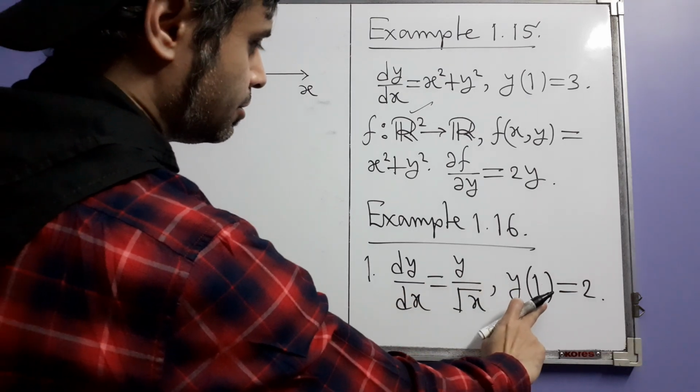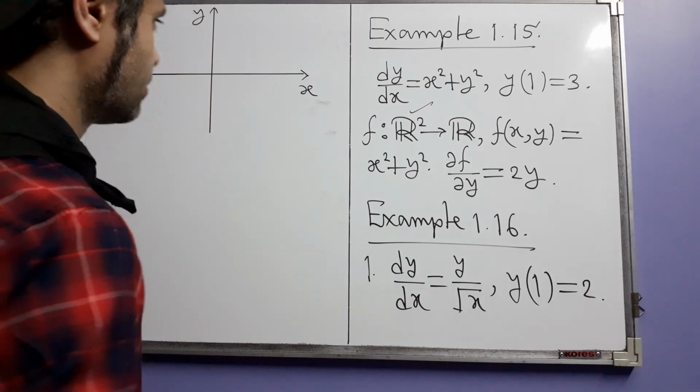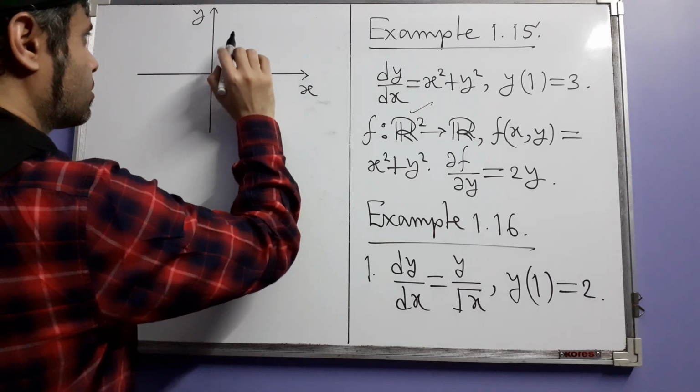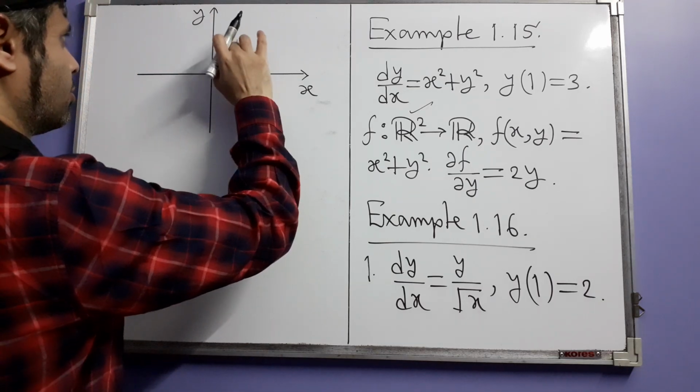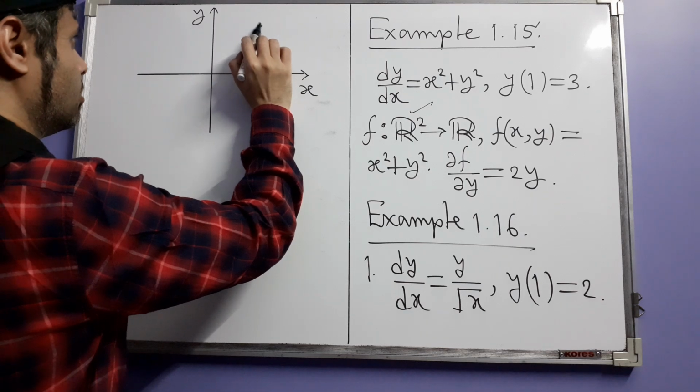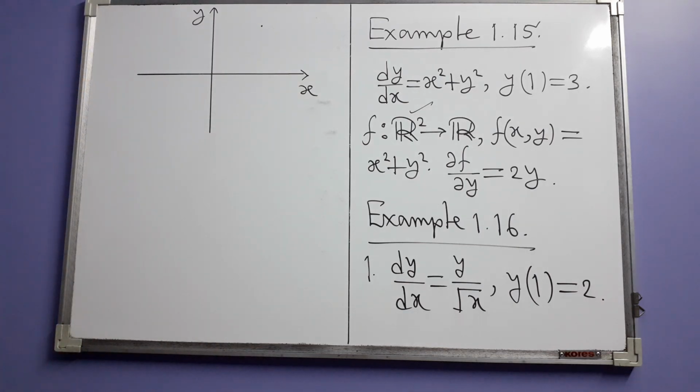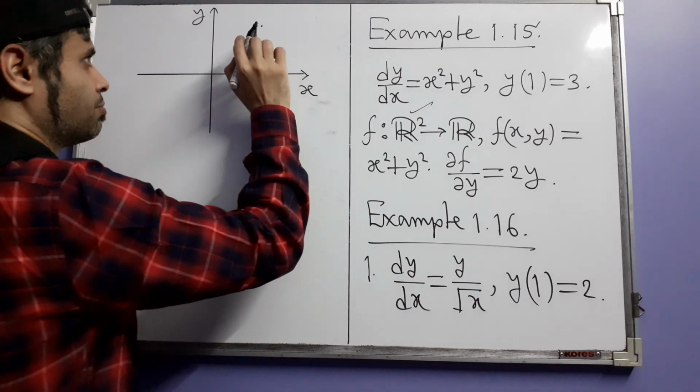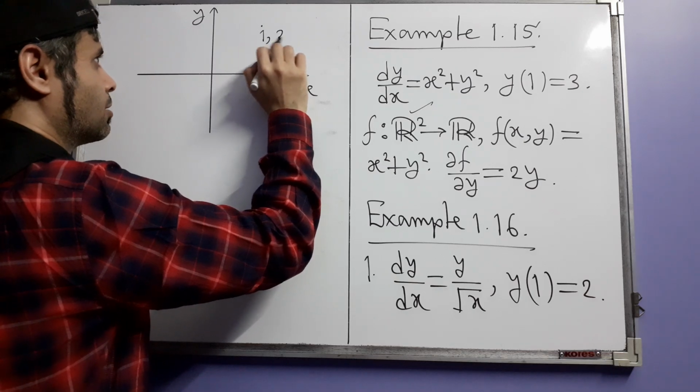We now need to first look at the point (1, 2). Let me show it a little away from the axis. So, this is my point (1, 2).